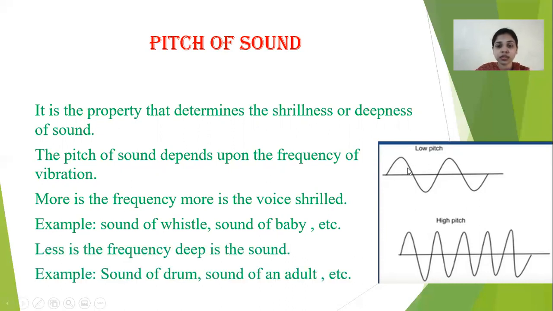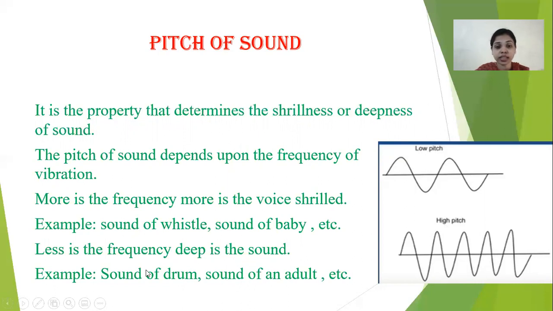You can also see from the figure the frequency, the number of cycles performed by the particle per second. Here in a second, the number of cycles is only 2. And here in a second, the number of cycles is 1, 2, 3, 4 and 5. So here the frequency is 5 hertz, and here the frequency is only 2 hertz. So here the frequency is low, so the pitch is also low, and the voice is deep.